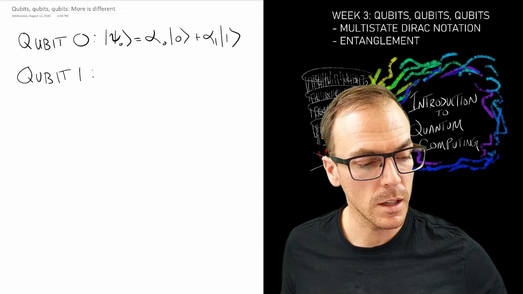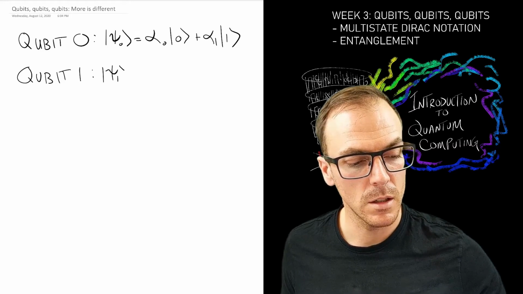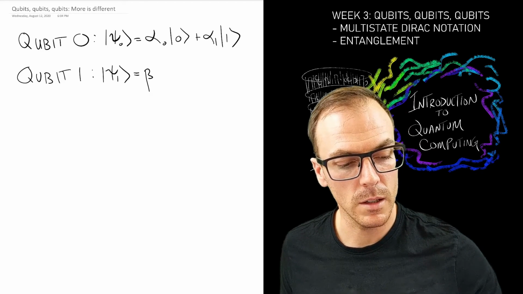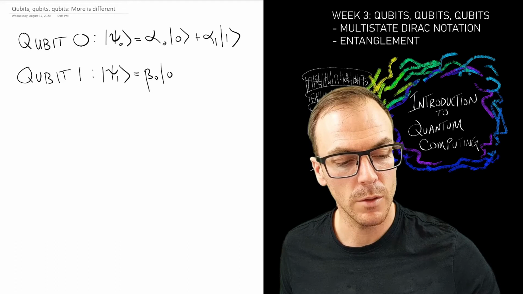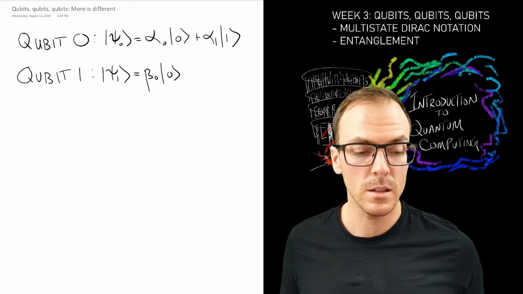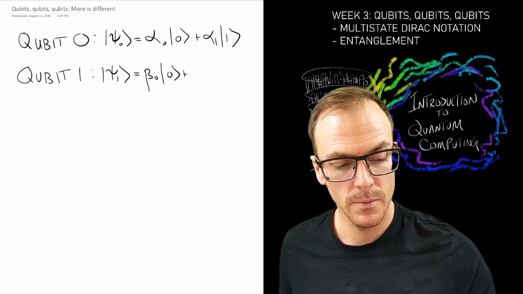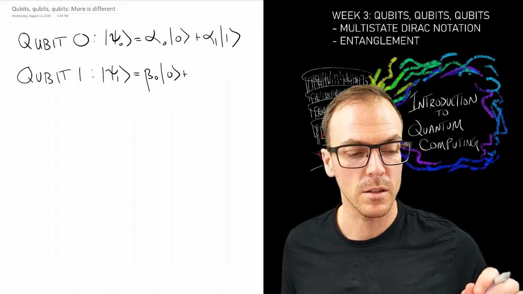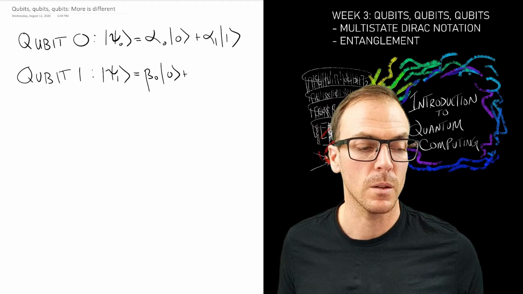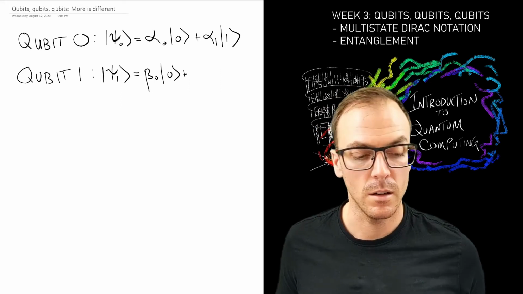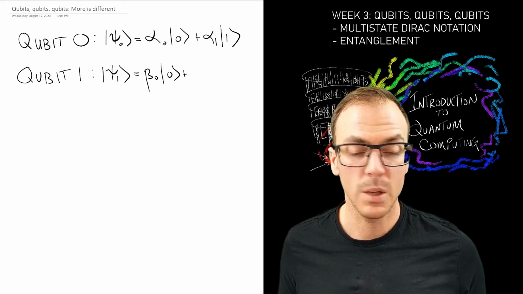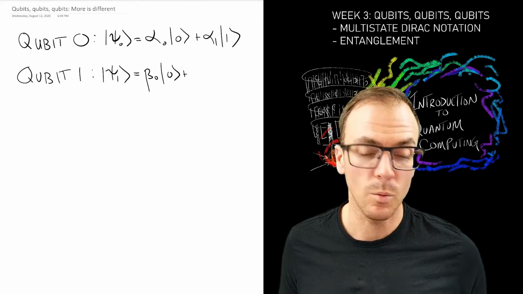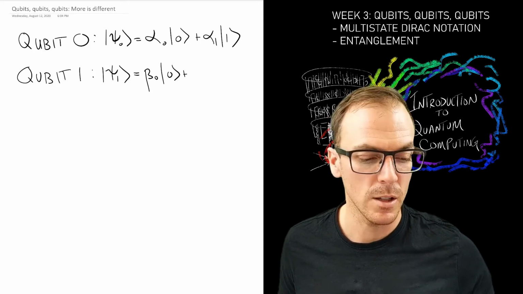And the nice thing about Dirac notation is that we can write this one as 2 new coefficients, but it's the same basis. So these things aren't physical objects, not the same object for qubit 0 as qubit 1. These are just particular vectors with 1s in some entry and 0s in others.